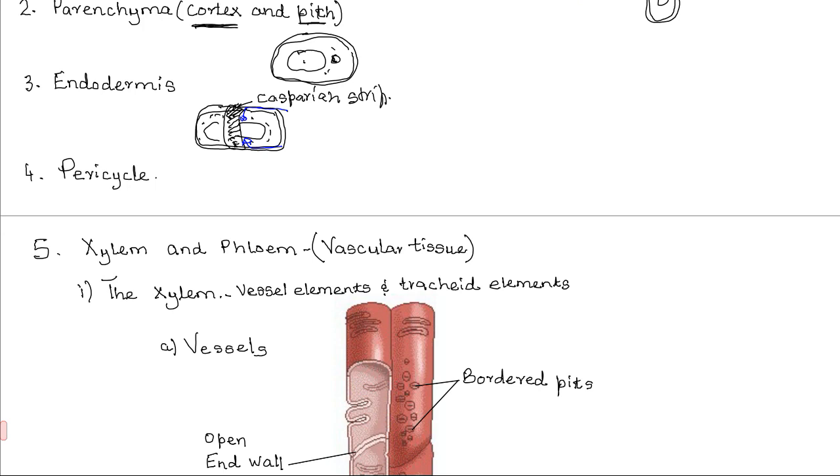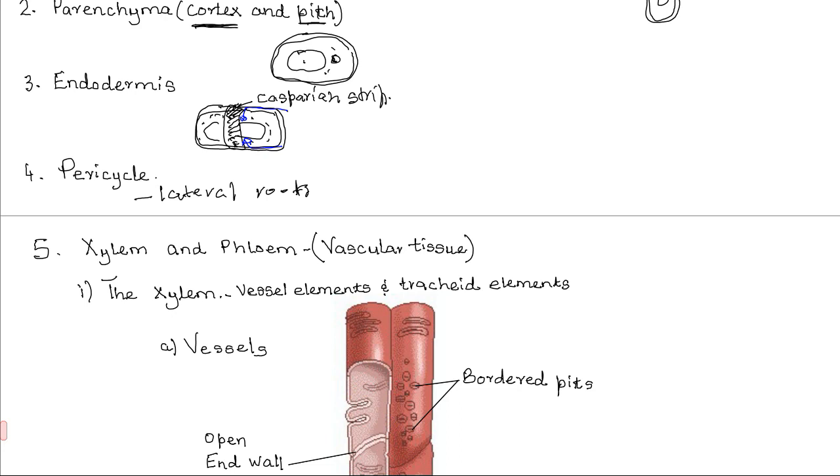The pericycle is a single layer of cells located immediately below the endodermis. It's responsible for giving rise to lateral roots, the branches of roots that come off the taproot. So pericycle is present in the dicotyledonous root, but it is absent in the monocotyledonous roots.